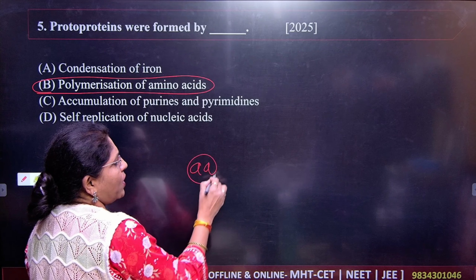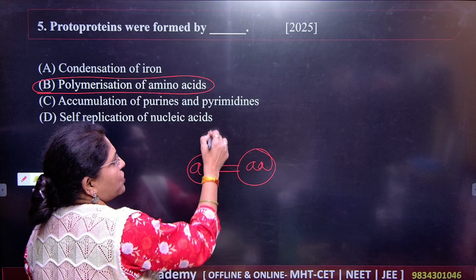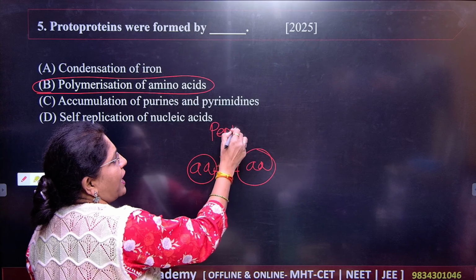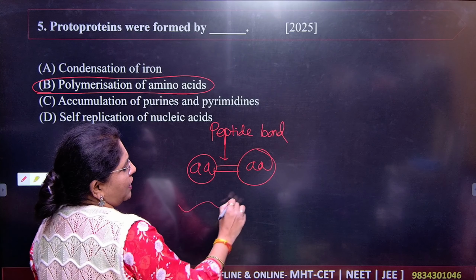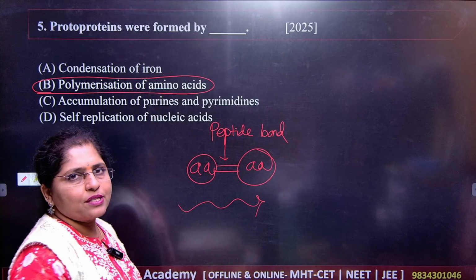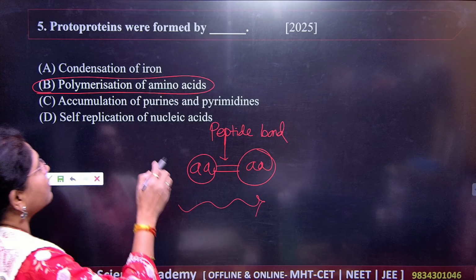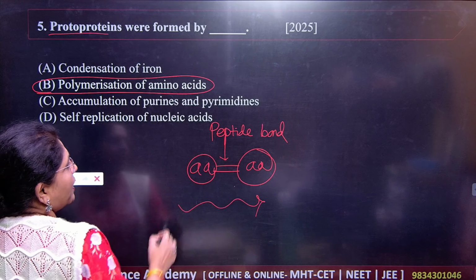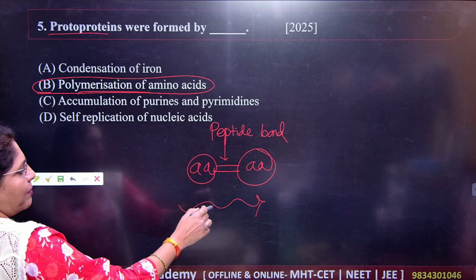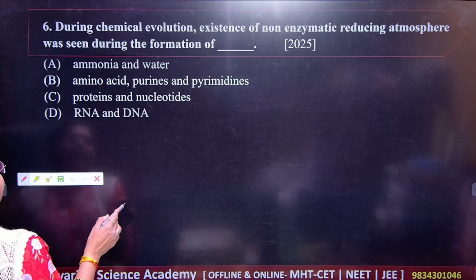If you have two amino acids, in between them there was formation of a peptide bond, right? And once the peptide bond was formed, this polymerization gave rise to protein molecules, right? So the protoproteins were formed due to polymerization of amino acids, which led to the formation of the polypeptide chain.